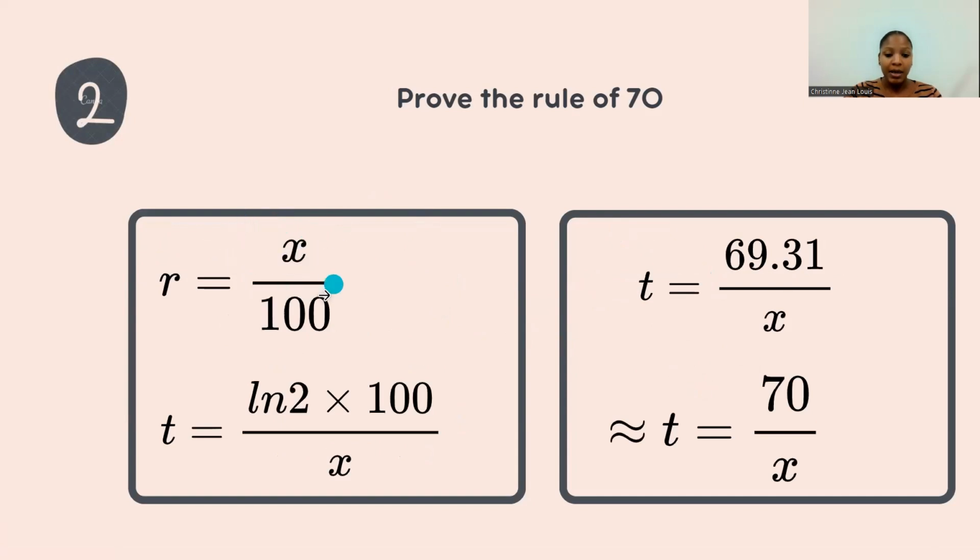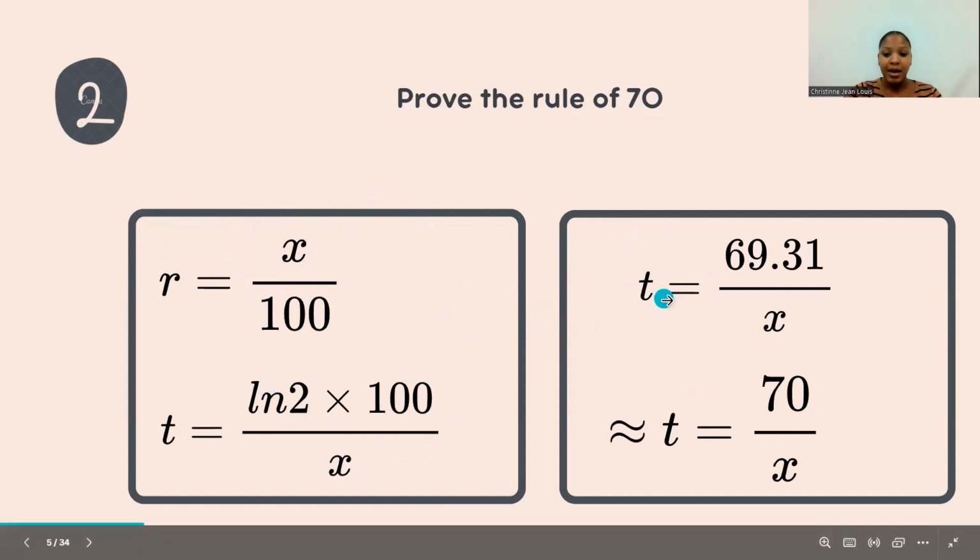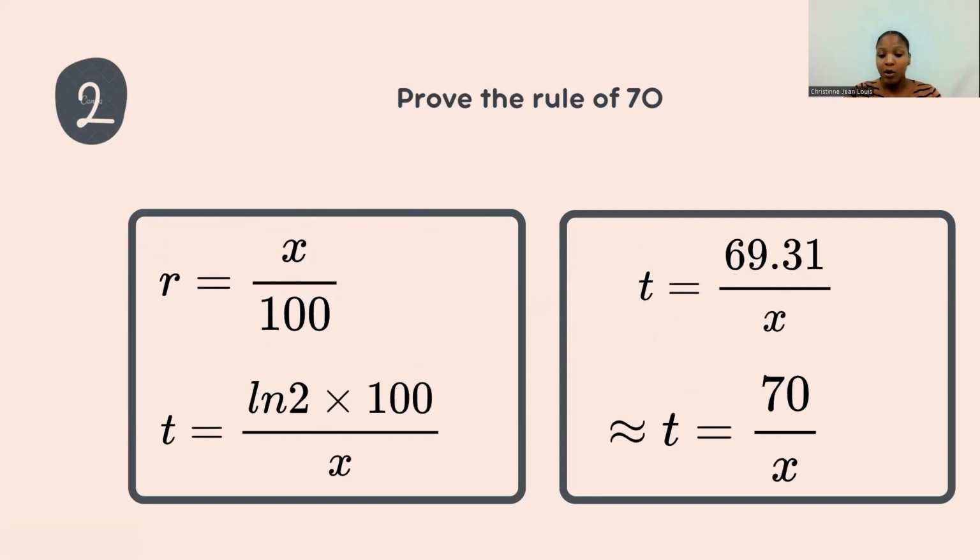Now, if we replace X over 100 into the equation, we'll find that T equals ln 2 times 100 over X. And finally, T equals 69.31 over X, and approximately T equals 70 over X. So this is the rule of 70.